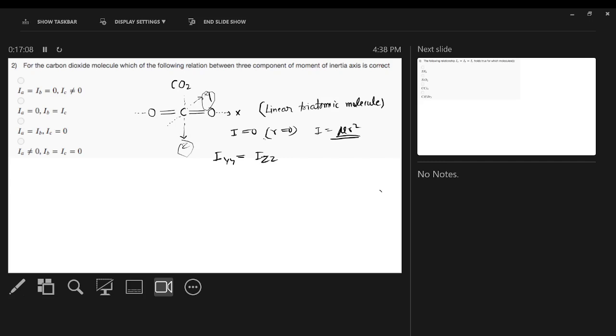So based on our assumption, I_A less than or equal to I_B, which is less than or equal to I_C, we can see the moment of inertia along the x-axis, that is I_A, will be 0, which is lesser than I_B, which is equal to I_C. So which option is correct? This, the second.